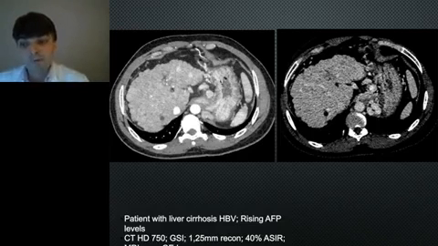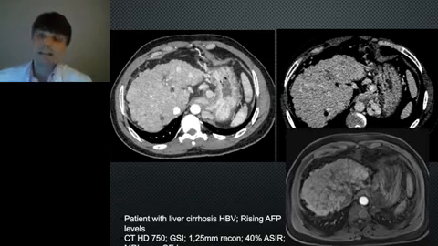Those lesions did have washout. They were indeed HCC lesions, but look at the MRI. The MRI was disappointing; it didn't show the enhancement of those lesions. We did see those lesions on diffusion-weighted MRI.